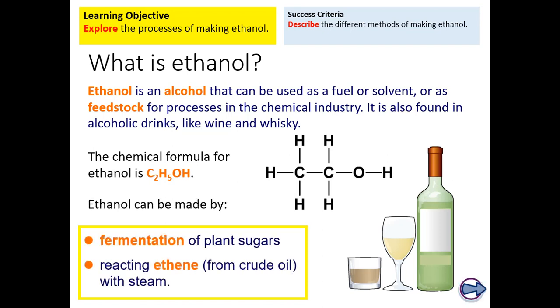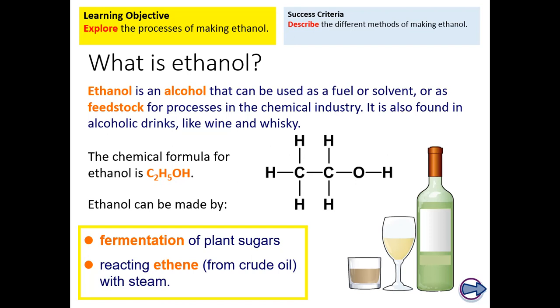So there's two ways which you can make ethanol. You can ferment plant sugars, or you can react ethene, which comes from crude oil, with steam, so obviously gaseous water. Now, when you make ethanol for alcohol, the type of alcohol you make depends on the fruit or the vegetable, whichever plant you are fermenting.